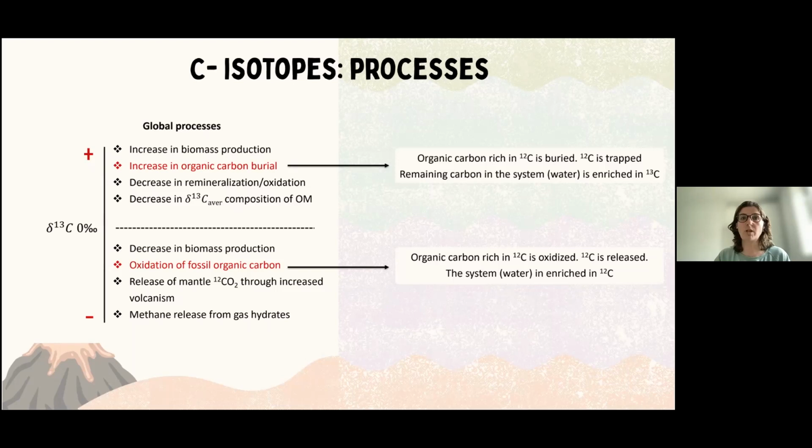In this case, the organic matter that is rich in the light isotope is released to the environment, so there is an increase in carbon-12 versus carbon-13. The ratio in this case is inverse, and then we get the negative values. This is the most important information that I want you to get from this: most of the time, positive values are related to an increase in organic carbon burial, and negative values are related to oxidation of organic carbon.